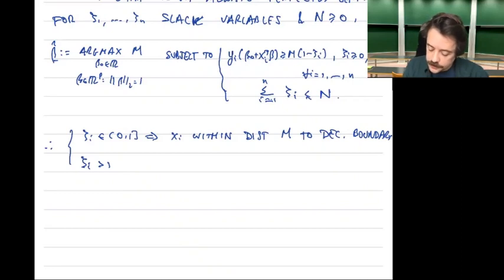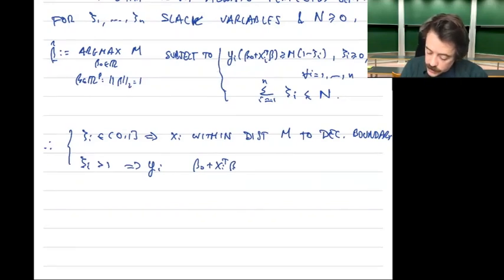Well, it means that y_i is distinct from the sign of these, and let me now write the hats, because of course this is once we've done the optimization problem.